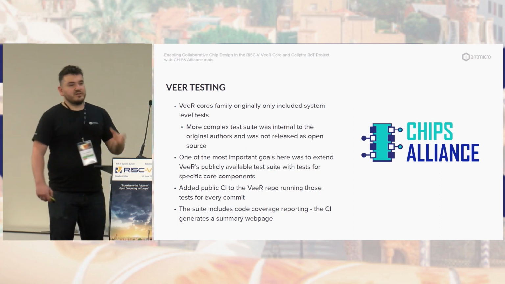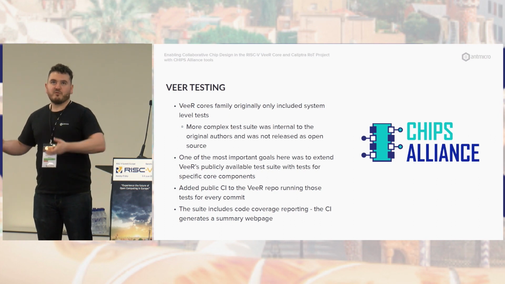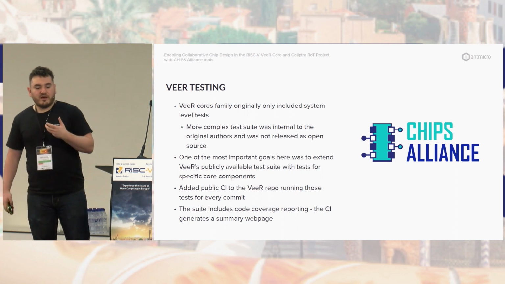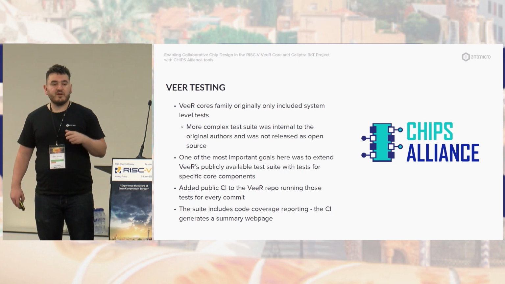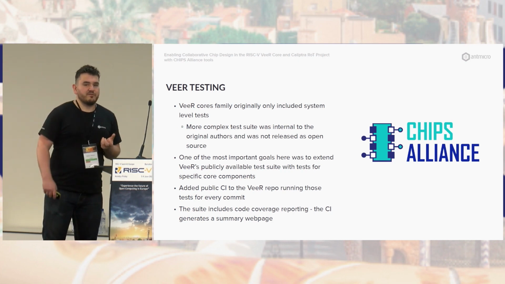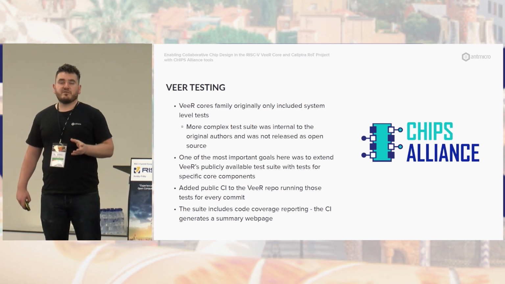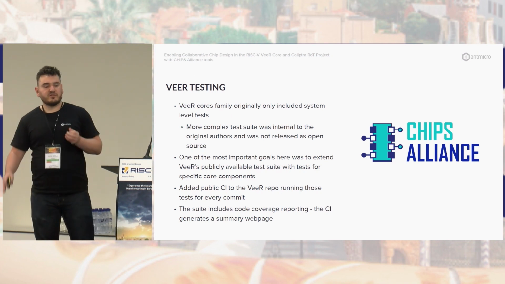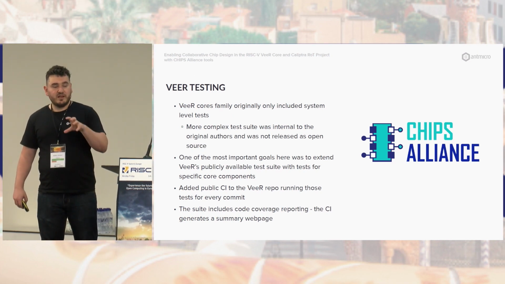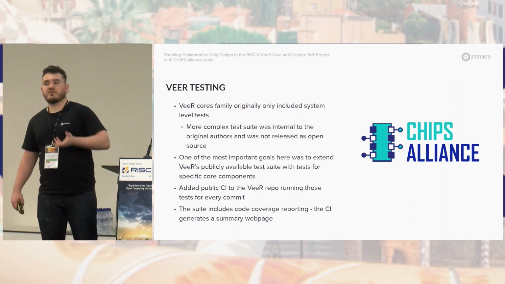So with all the tools for development in place, we can focus on testing whatever code was actually contributed. And since we took over the maintenance of VeeR, we started with extending VeeR infrastructure with some tests. The public release of VeeR back in the day didn't really include the very detailed test suite that was available to the original authors, but they didn't include that in the open source release.